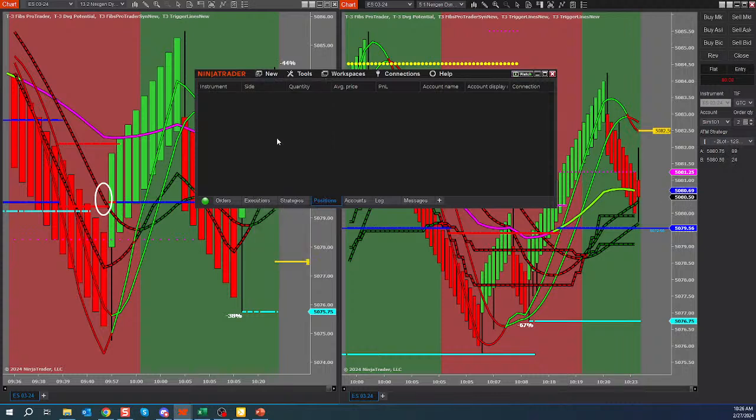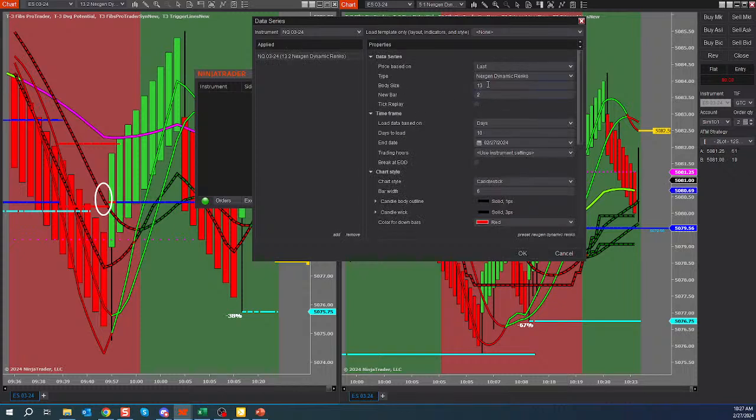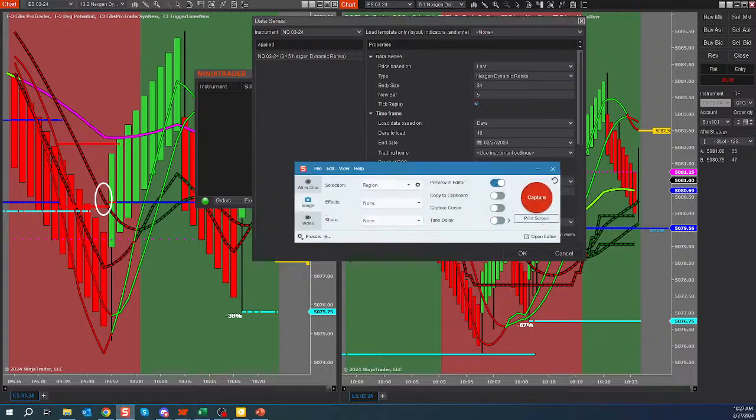So new chart, NASDAQ. Body size is 34. New bar is 5. Let me drop the picture in for you.